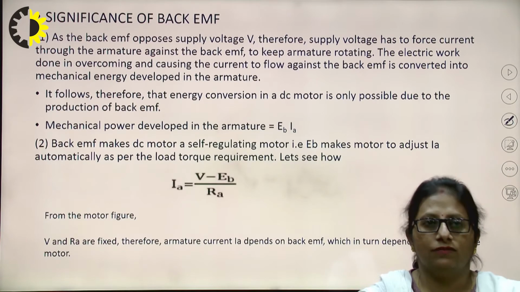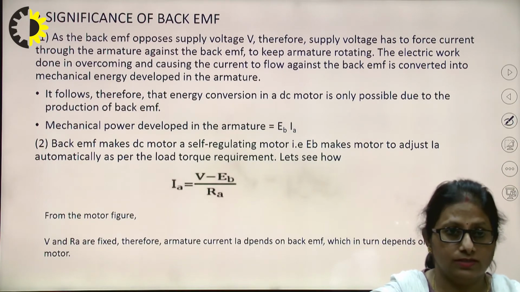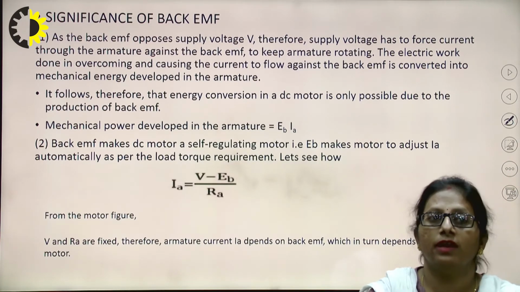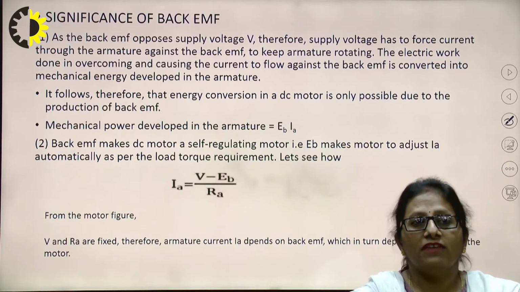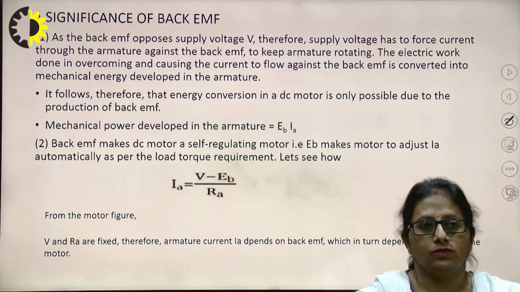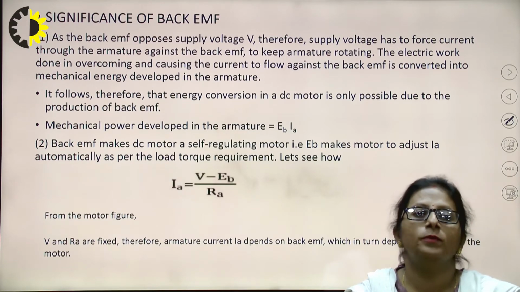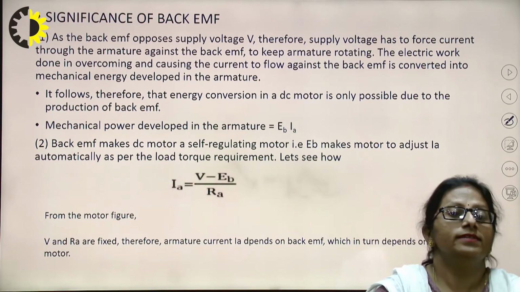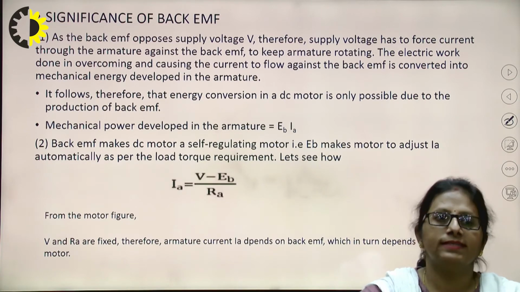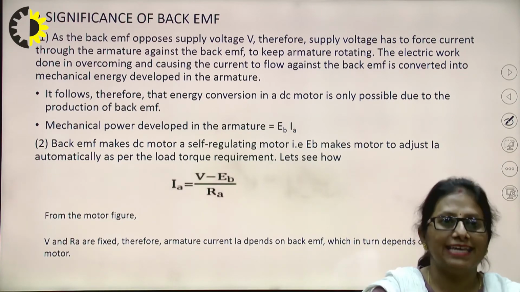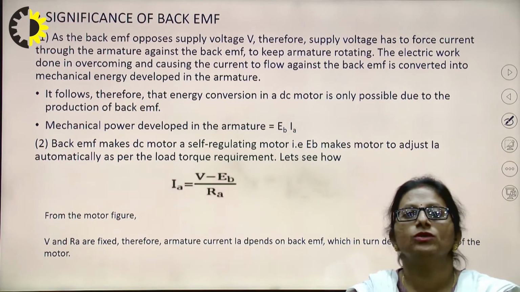Now, what is its significance? Do we really require this generating action to be there after the motoring action, right? The very first significance is that the back EMF opposes the supply voltage. Therefore, the supply voltage has to force the current through the armature against this back EMF to keep the armature rotating.